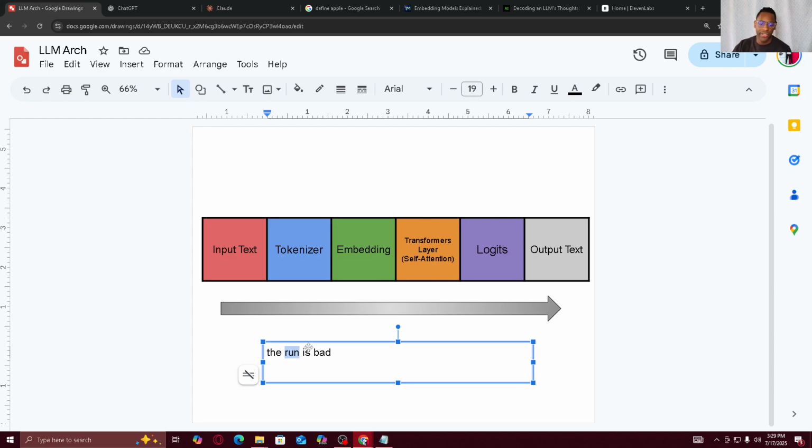The transformers layer figures out which meaning we are using in this sentence for the word the, for the word run, for the word is, for the word bad. And it also figures out which parts of the text we ignore. There's a period. Does it ignore the period? Is the period important, or is the word is important? Is the word the important? What's the most important word in this sentence? Probably the words run and bad are the most important words in this sentence.